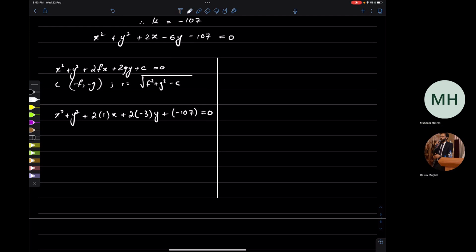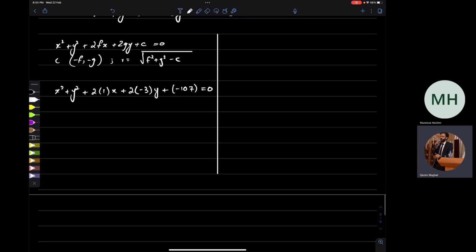Now you can clearly see that the center is going to be negative 1 and positive 3. So I'm changing the signs of these and copying them down as the coordinates of the center. So negative 1 and positive 3 are the coordinates for the center of the circle.